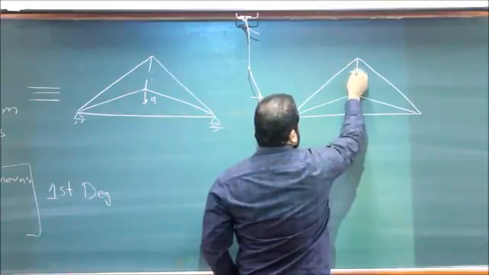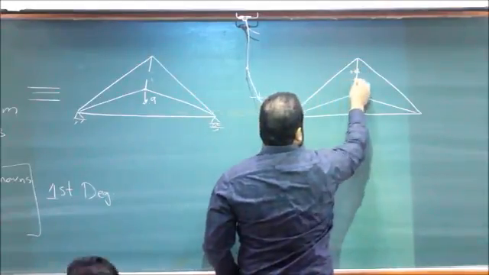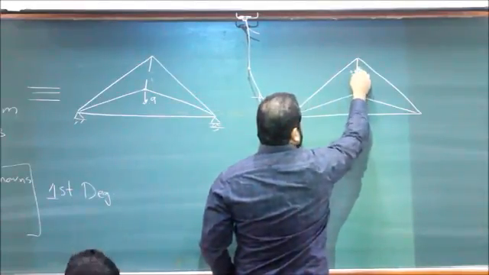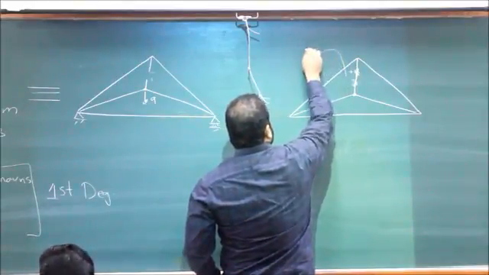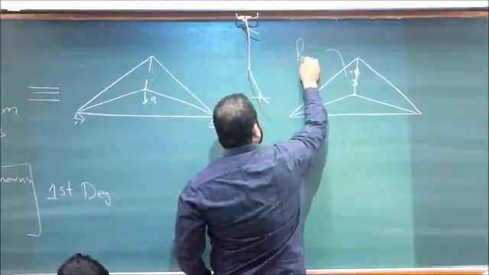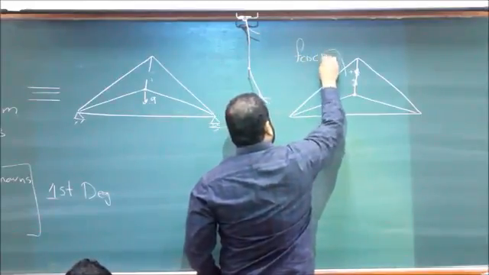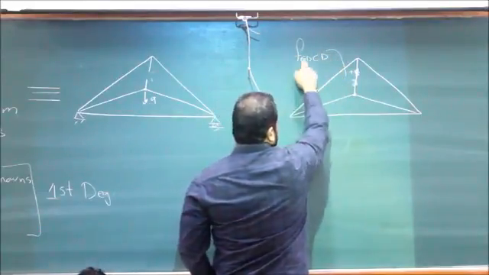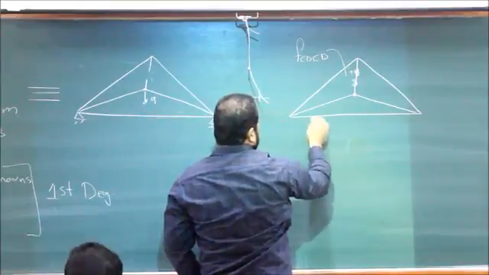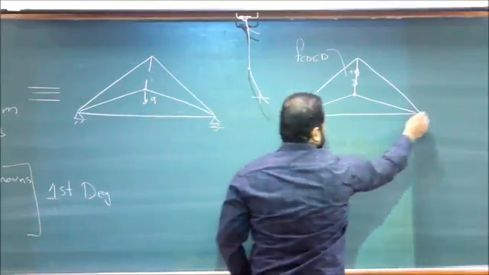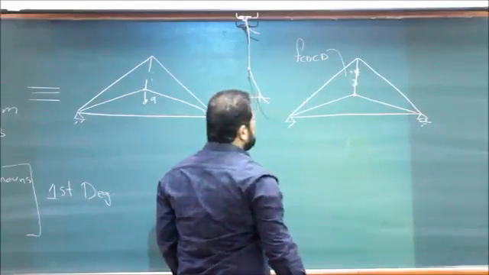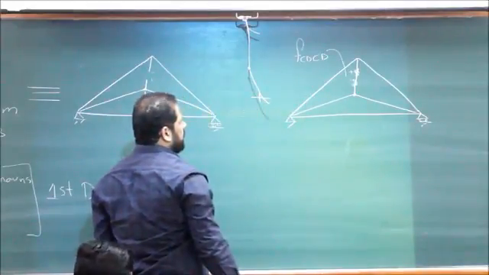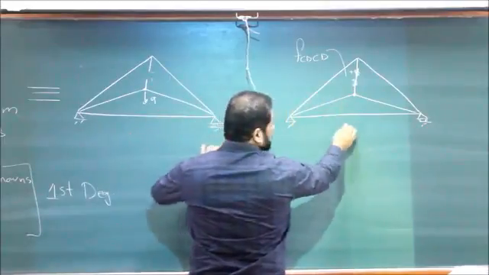And we are trying to bring it back to that thing. So we put a unit load in this member, 1, 1. So this delta will be F CD in member CD, from the force in member CD. So we need to solve this and we need to solve this.